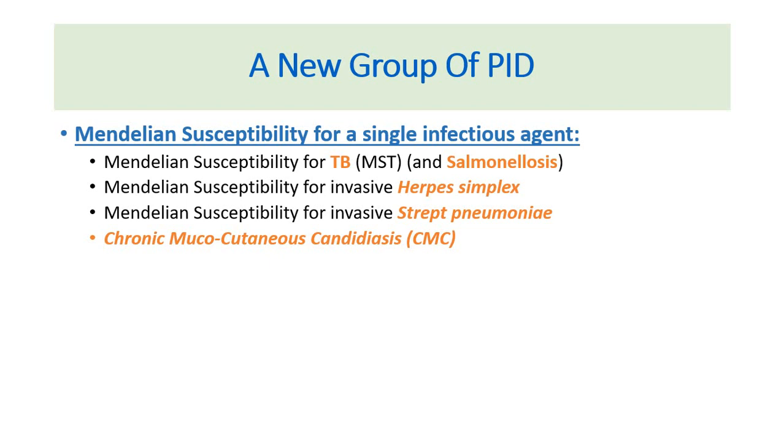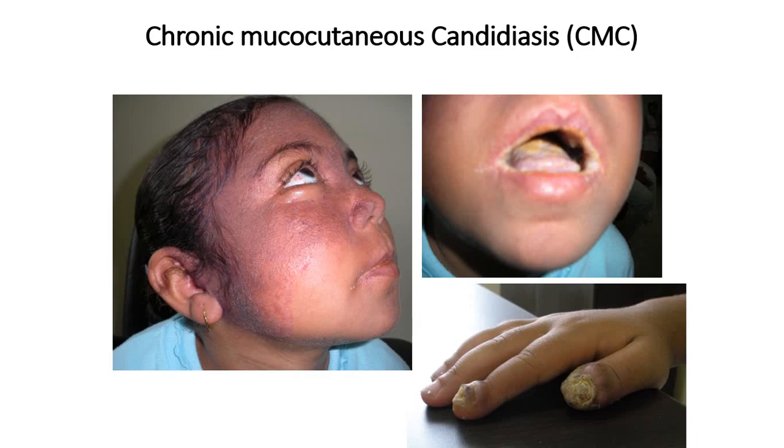There is a Mendelian susceptibility for invasive herpes simplex, and when I speak about invasive herpes simplex, I do not mean oral ulcers, but I mean CNS invasion. Mendelian susceptibility of invasive strep pneumoniae and chronic mucocutaneous candidiasis. I will show you how it looks.